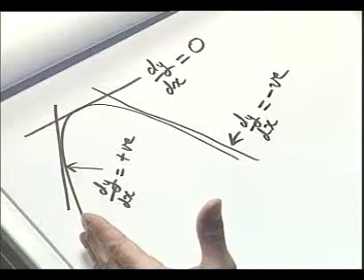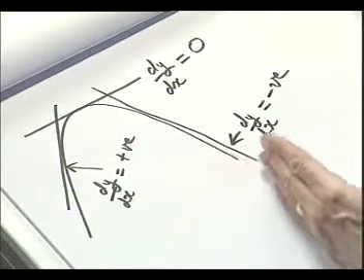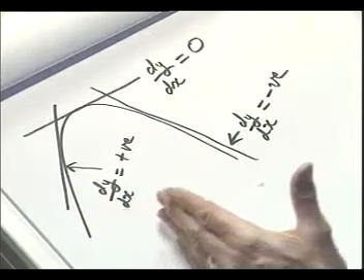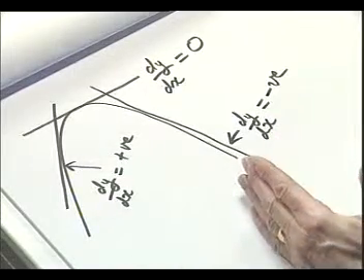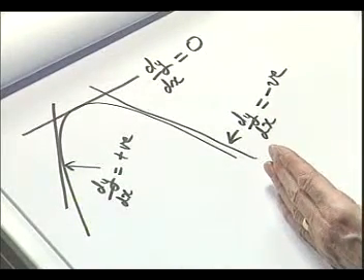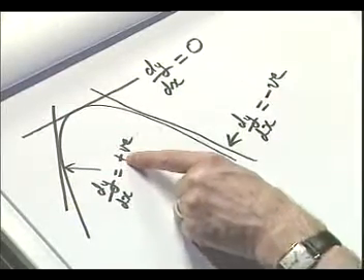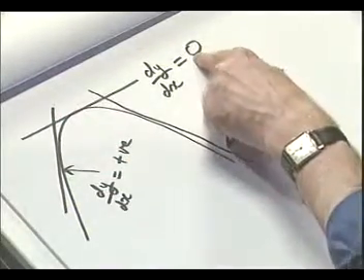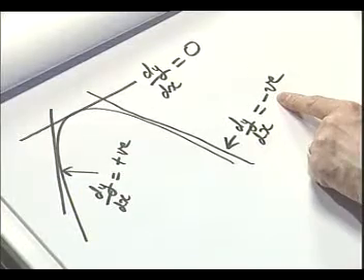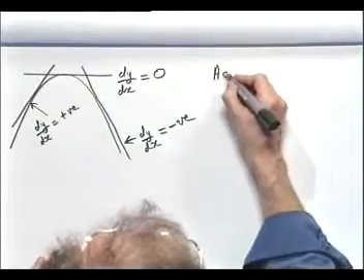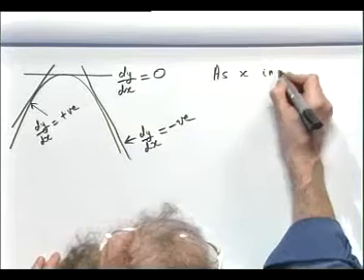So what's happening as we pass through this maximum point? As x is increasing, what's happening to dy by dx? Well, dy by dx goes from being positive to being 0 to being negative. So as x increases, dy by dx decreases.